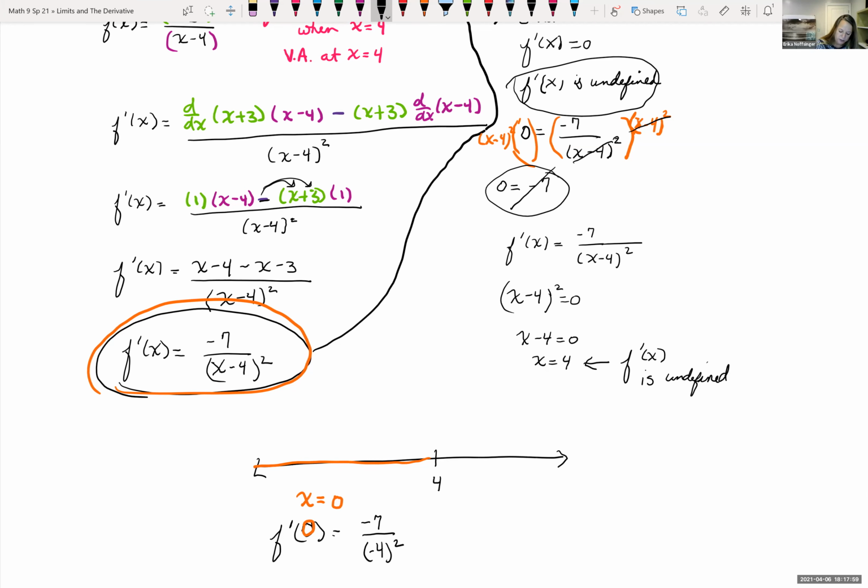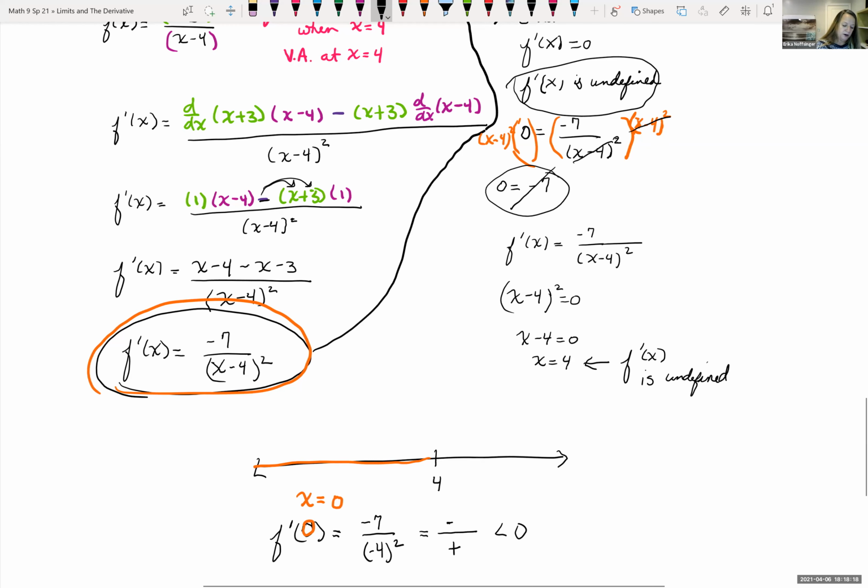So again, we don't care what this number is. We just care, is it positive or negative? If our slope is positive, it's increasing, negative, it's decreasing. Well, if I square a negative in the denominator, that's positive, and my numerator is negative. So I have a negative number divided by a positive number, which is smaller than 0.